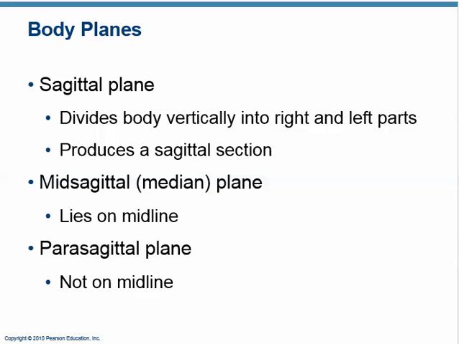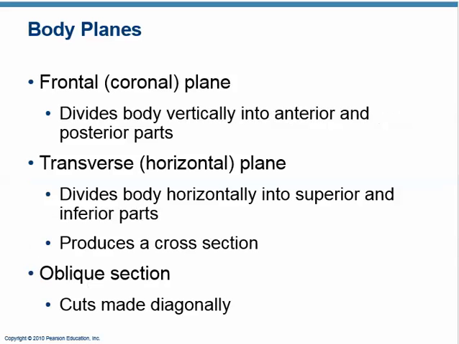If it goes right down the midline, it's called mid-sagittal or the median plane. Any other sagittal plane is called parasagittal, and it's not on the midline. Anything that divides you into front and back vertically, anterior and posterior, is a frontal plane. If it runs right down the middle, it's called the coronal plane.